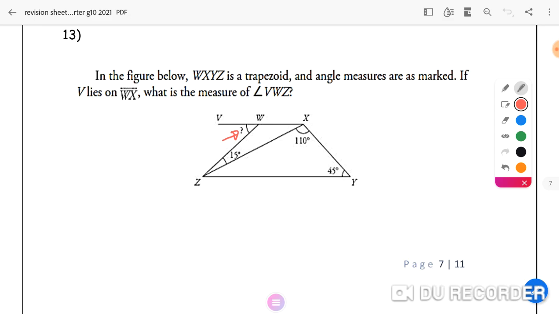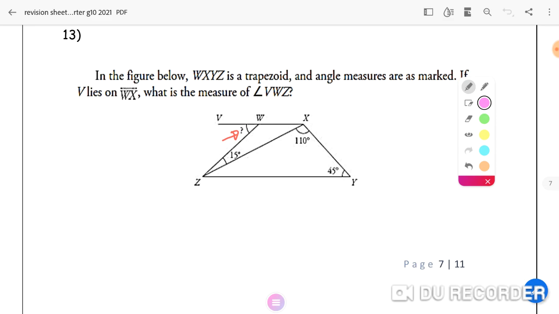Okay, so we know that in this triangle XYZ, the sum of the interior angles of any triangle adds up to 180 degrees. So we can find out the measure of the angle XZY, and it simply equals 180 minus the sum of 110 plus 45, and that equals 25.